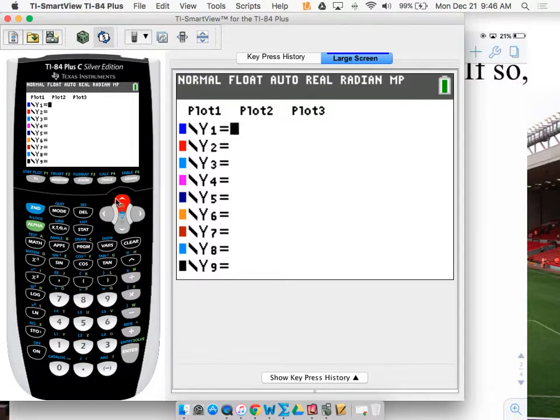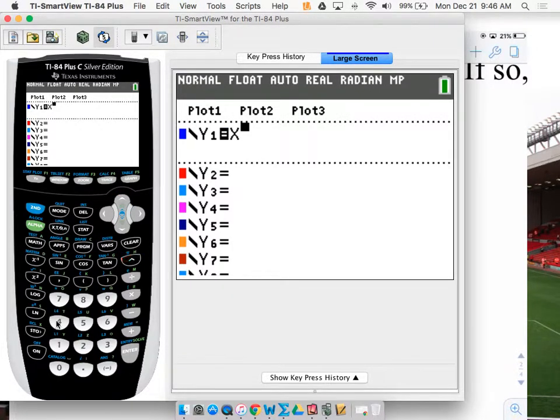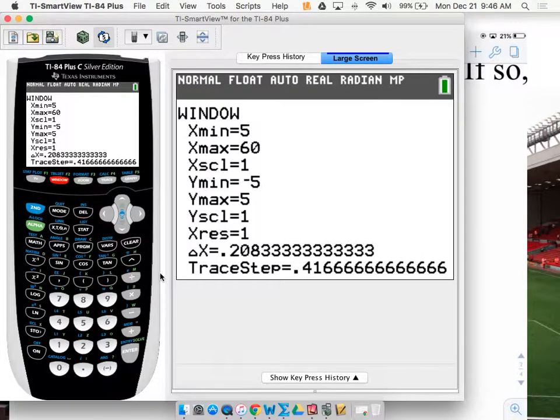So you should put in your original equation, x to the fourth minus 2x squared. Now, what do you want to change your window to? Negative 2 to 2.